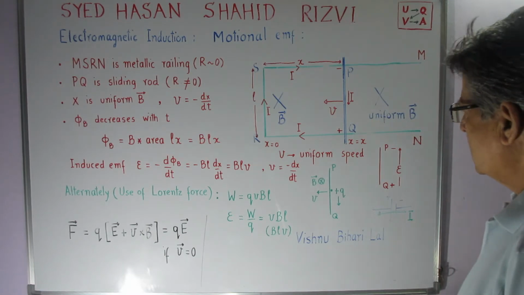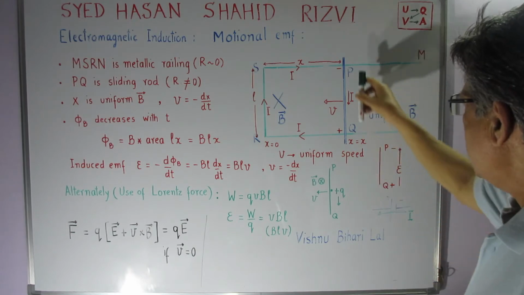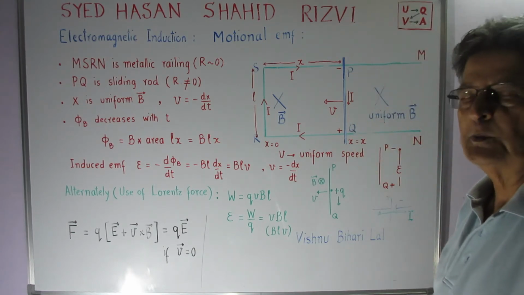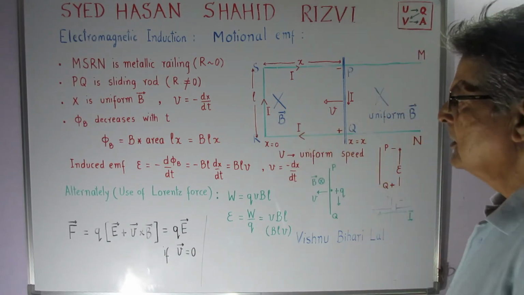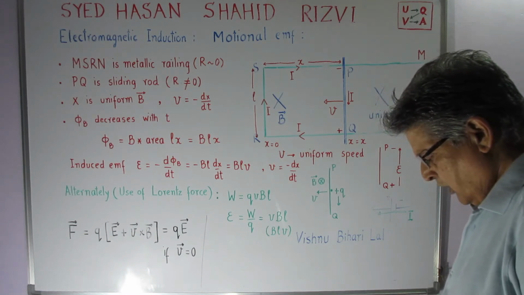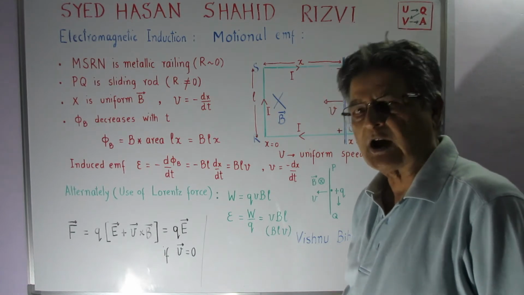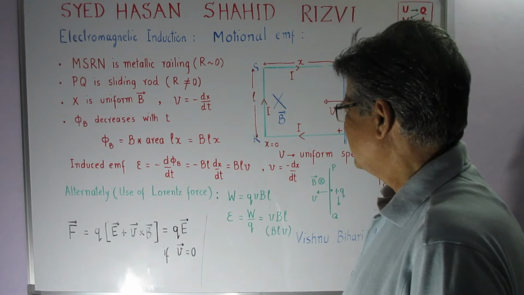Then over these rails we have a sliding rod PQ, which can move in this direction or this direction, with uniform velocity or non-uniform velocity. It can be accelerated, it can be decelerated, etc.